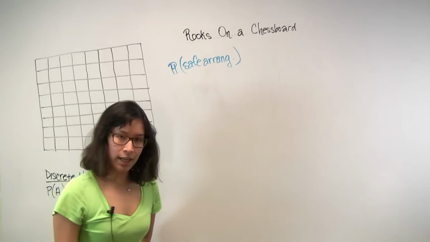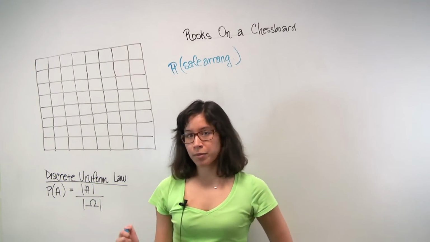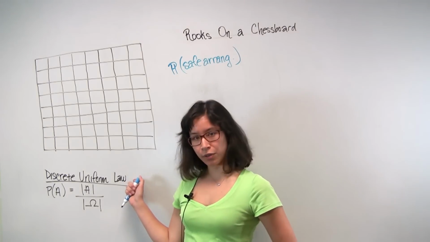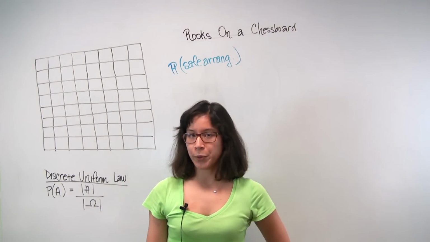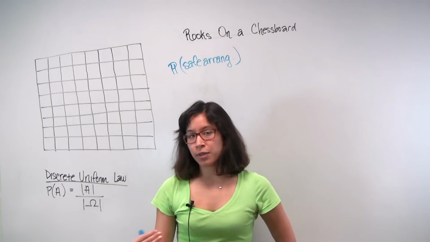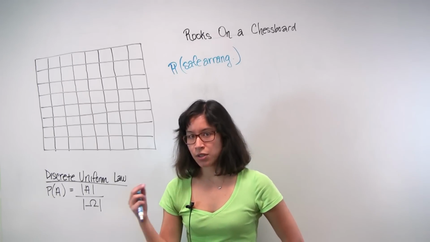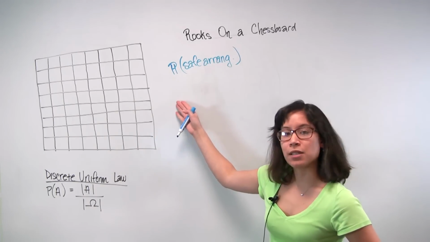Hopefully, I talked about this previously and you've heard it in lecture. Hopefully you remember something called the discrete uniform law. The discrete uniform law is applicable when your sample space is discrete and all outcomes are equally likely. So let's do a quick check here. What is our sample space for this problem?